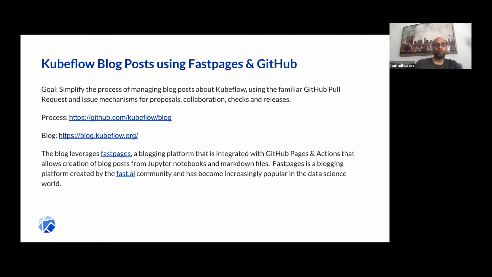If you go to the Fast Pages repo, which is linked here on the slide, there's a really big instruction manual on how to do things like embed images, tweak your social cards on your blog post, or enable comments if you want people to be able to make comments.